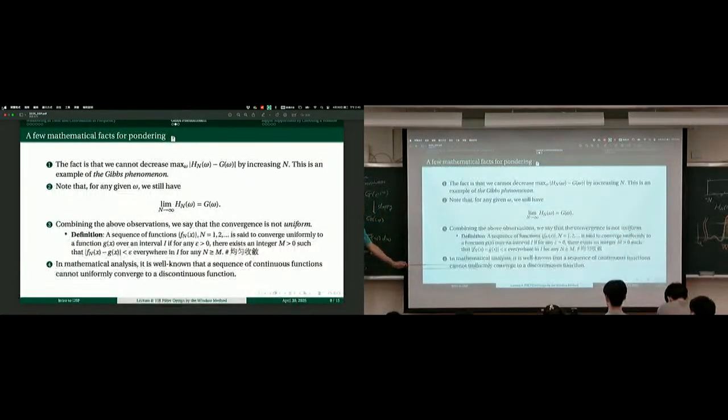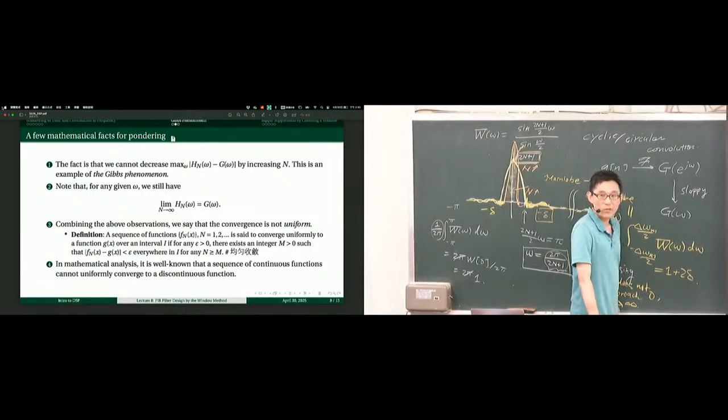That's a theorem. There's a theorem for you to be aware of.